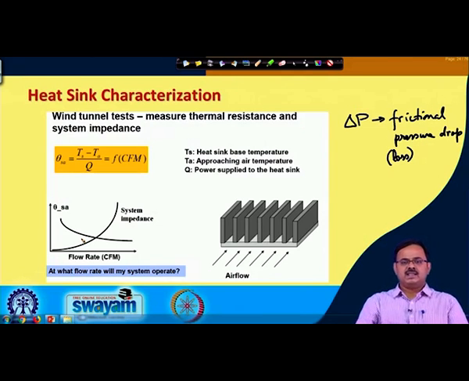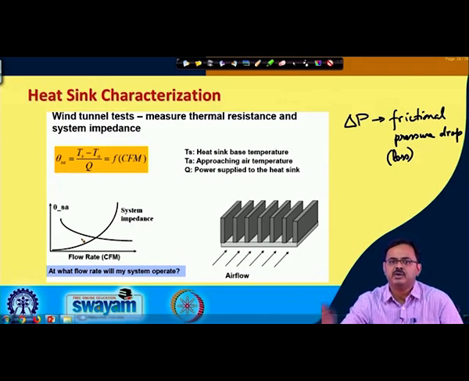So, before we go to the next slide, let us do a thought experiment. What do you think is going to happen to the system impedance? Okay. If you keep bringing the fins close, or even before that, let us take a step back.